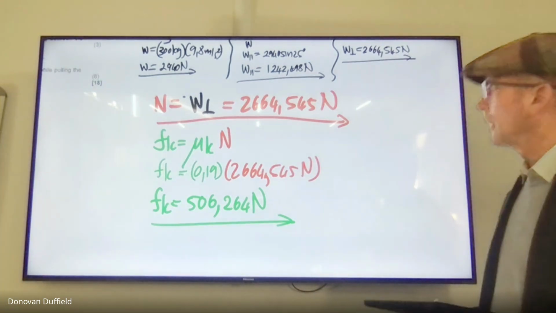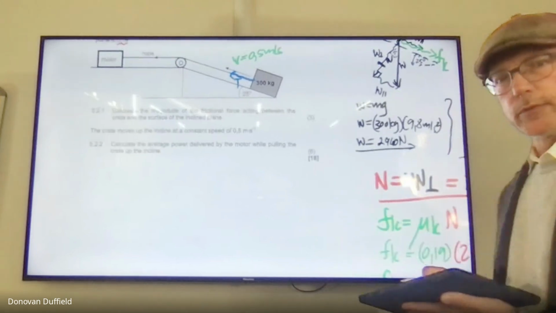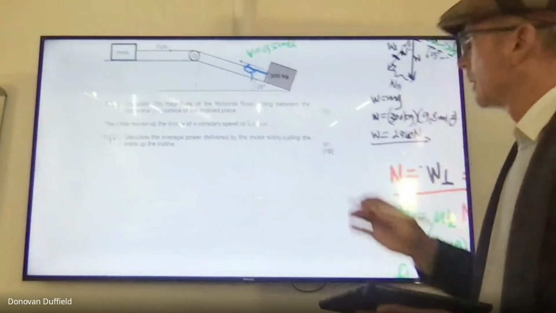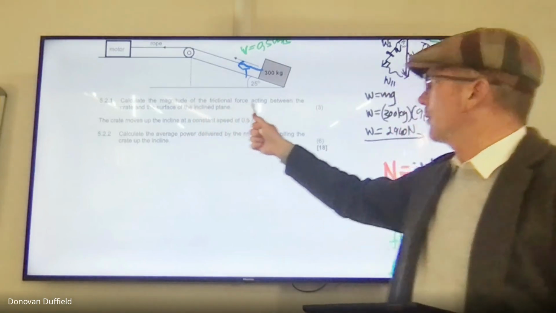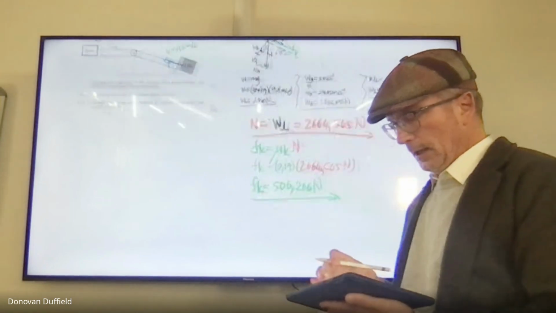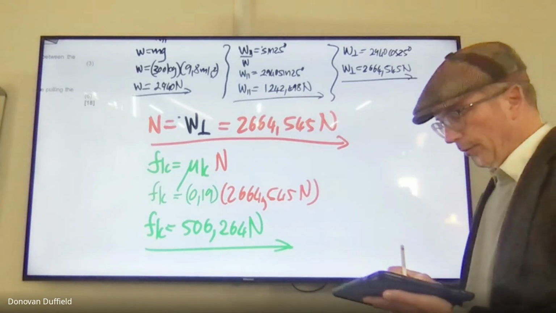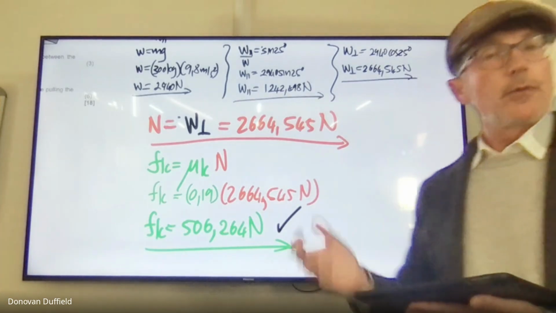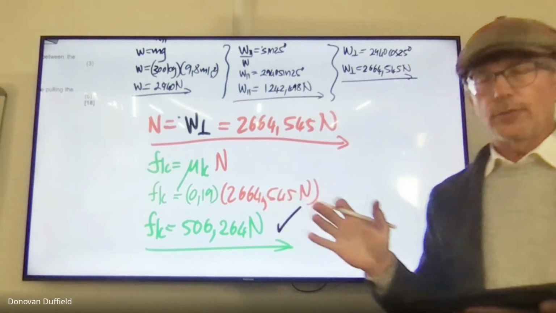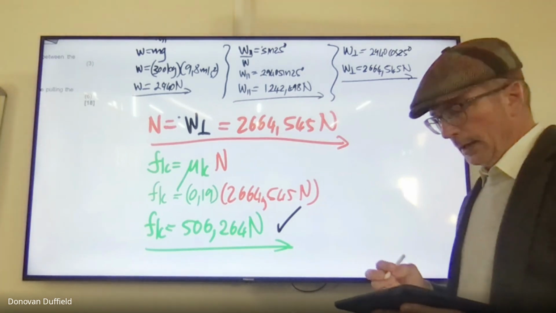So now we have answered: calculate the magnitude of the frictional force acting between the crate and the surface of the inclined plane. For 3 marks, there's a mark for the magnitude, since they haven't asked for direction.